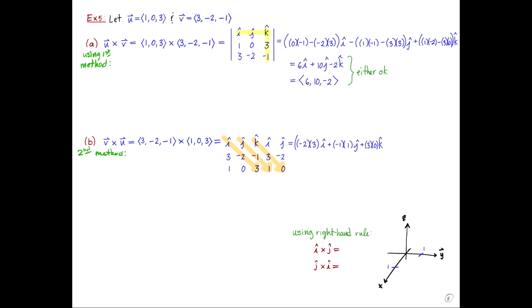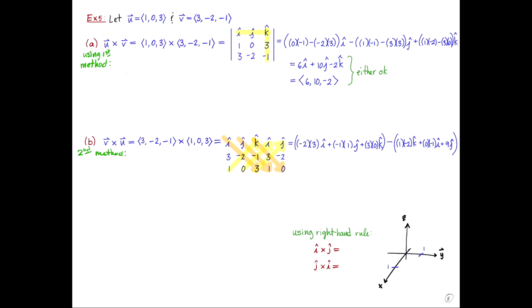This is the sum of the product of our down diagonals, and from that we want to subtract the sum of the product of our up diagonals. Our first up diagonal, we have 1 times -2 times k, plus 0 times -1 times i, plus 3 times 3, I'm a little short on room, so I'm just going to write that as 9j.